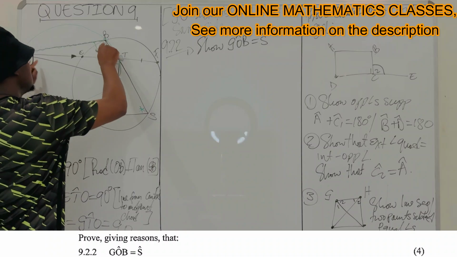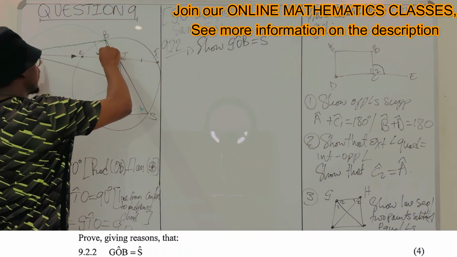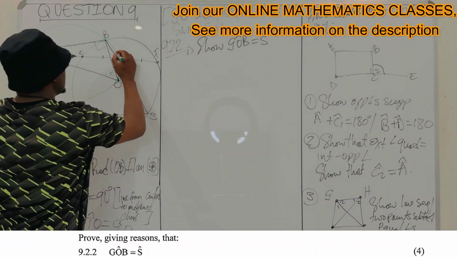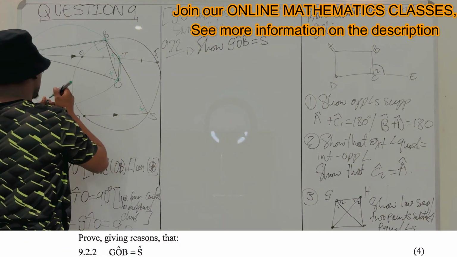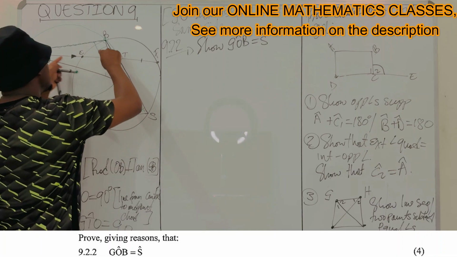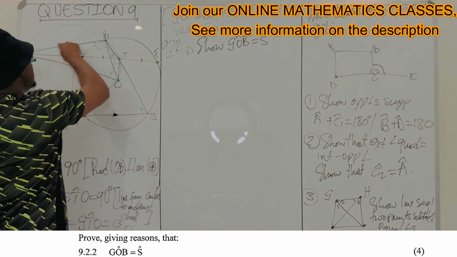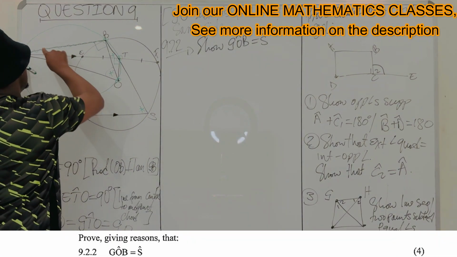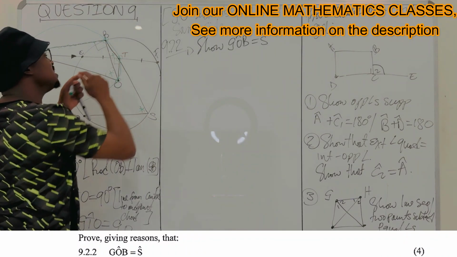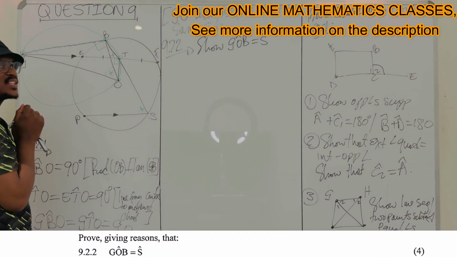The same GB is forming T over here. So your angle O is equal to angle T because these are angles in the same segment. They are subtended by the same line, GB. So these are angles in the same segment.